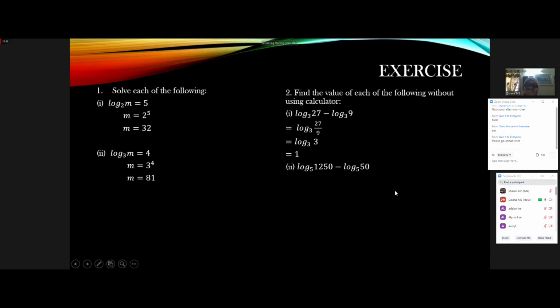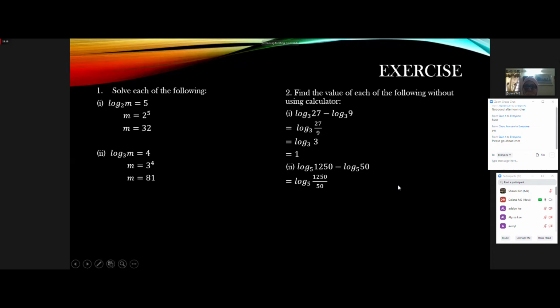Anyone with the value? 2. Okay. You divide because minus, again, you divide. When you divide, you simplify. Become 25. 25 is 5 squared, so it is 2, correct.